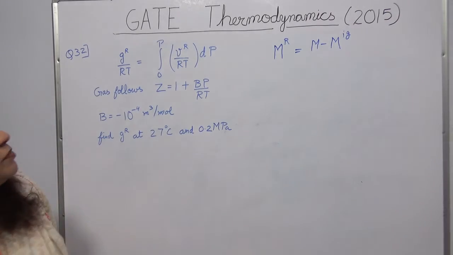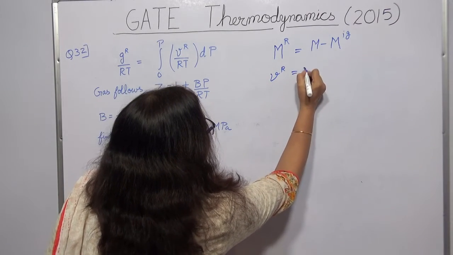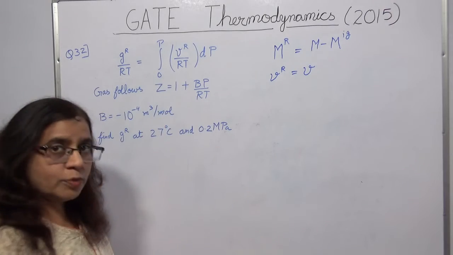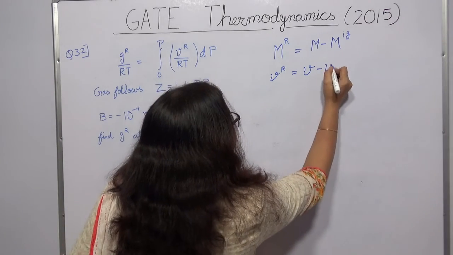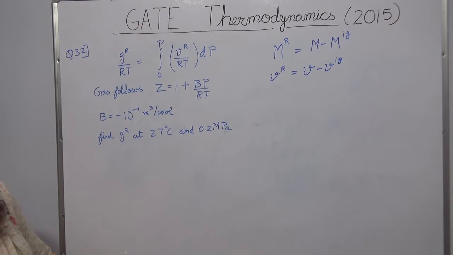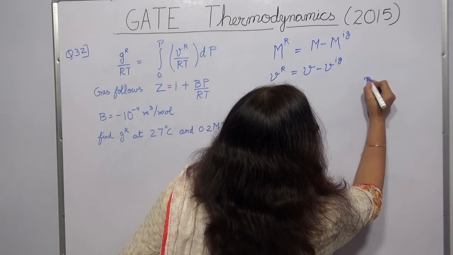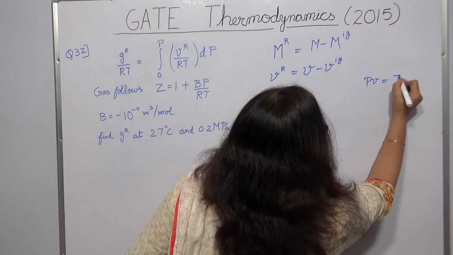Okay, so if I am writing my molar residual volume, then it will be equal to molar volume of the real gas minus molar volume of the ideal gas. Now how do I write these two quantities? Let's make use of this equation.